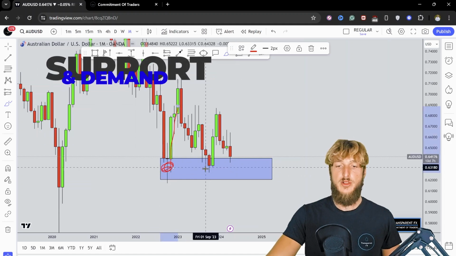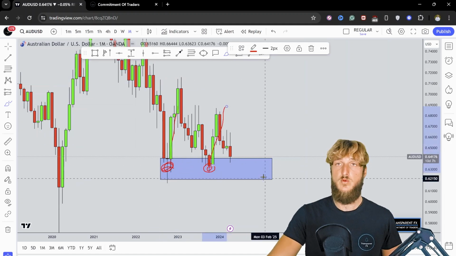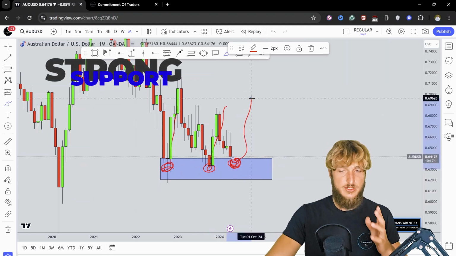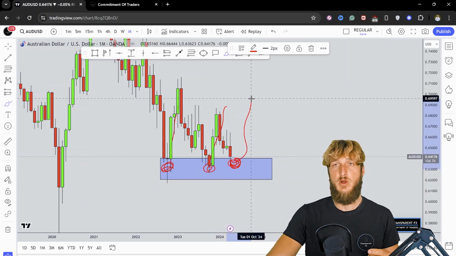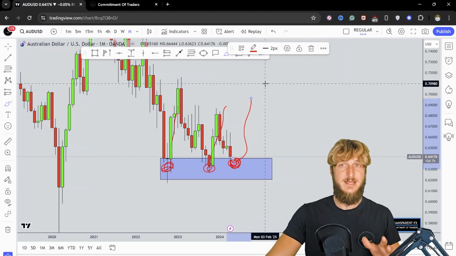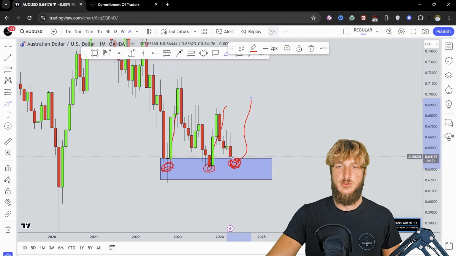From here, all these previous rejections to the upside were created. At the moment, the market is testing the exact same level, so there is definitely the possibility to see some bullish price action being created away from this zone. So the monthly time frame definitely seems quite bullish.